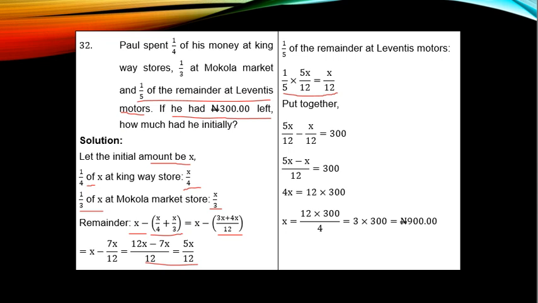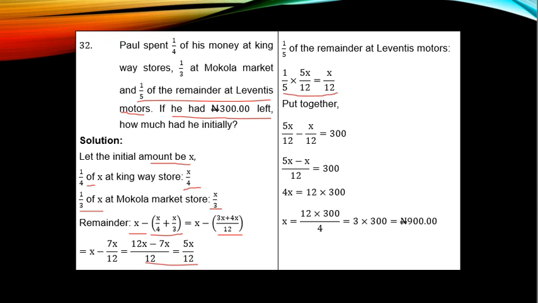Okay, now after spending 1/5 of the remainder, the change he had is 300. The remainder is 5S/12. He spent 1/5 of that remainder, which is S/12. So before the change, it means the remainder minus the amount he spent from the remainder equal to 300. So the remainder is 5S/12.